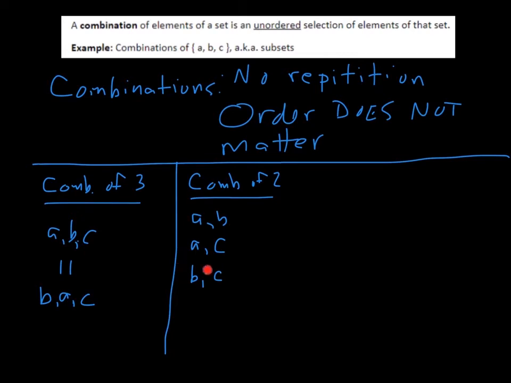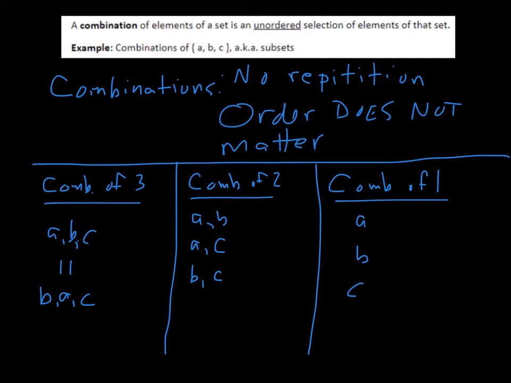CB, same as this one. So there are 3 ways to choose combinations of 2 of them. And then if I want to see how I can make combinations of 1 of the elements from that set, I just choose A, B, or C. That's it. So there's also 3 ways to do that. Okay? So, just like with permutations, I don't have to choose all of them at a time.